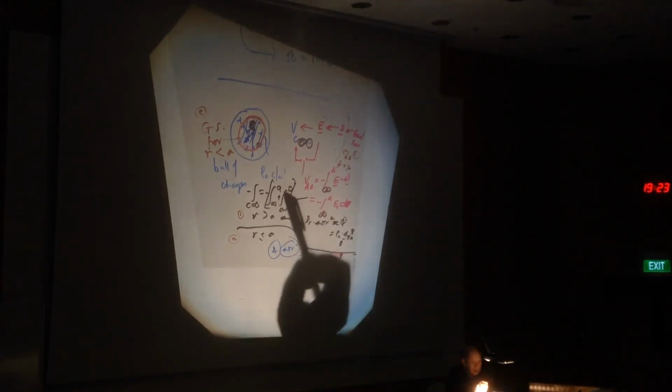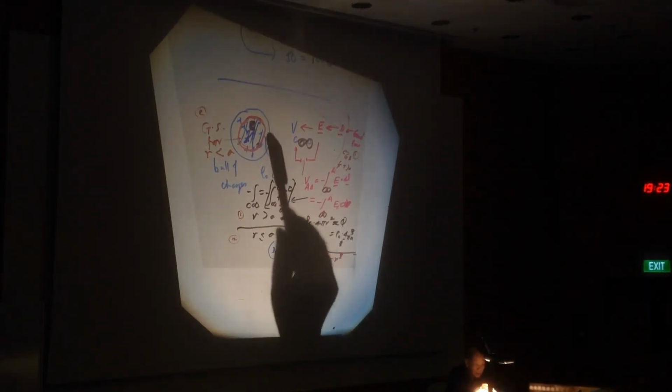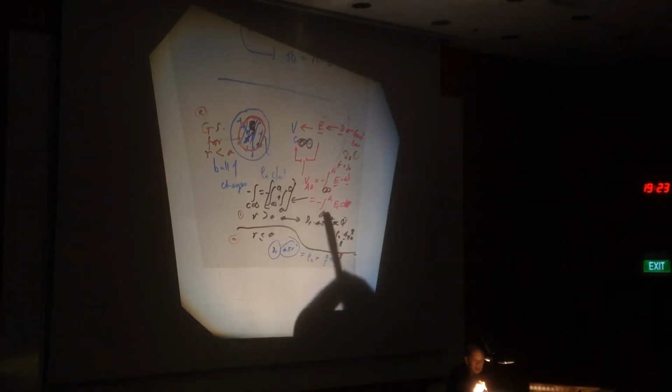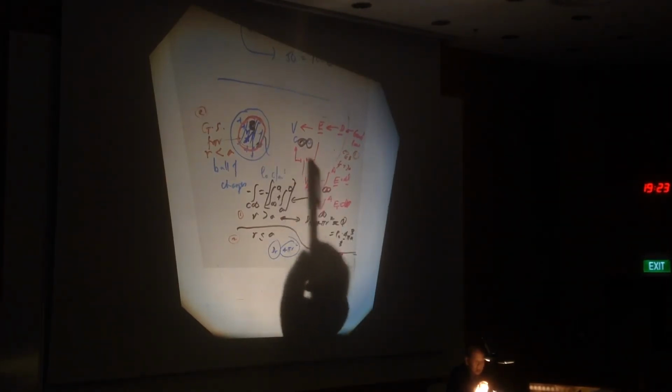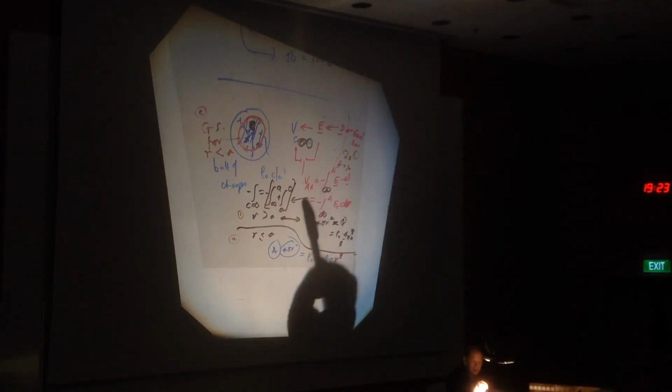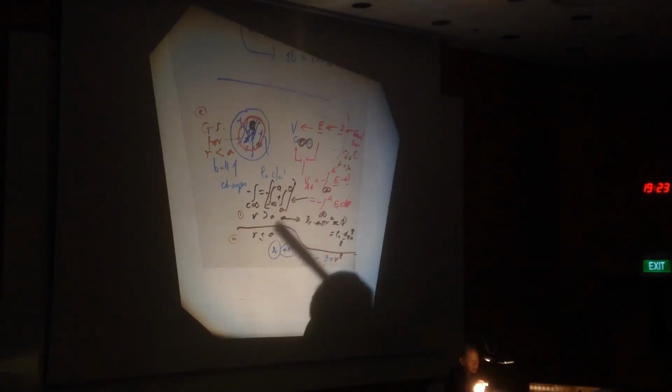But when I go from A to 0, I can substitute the value of dr, and I obtain here the two ranges, and I do the integration and I get the answer.